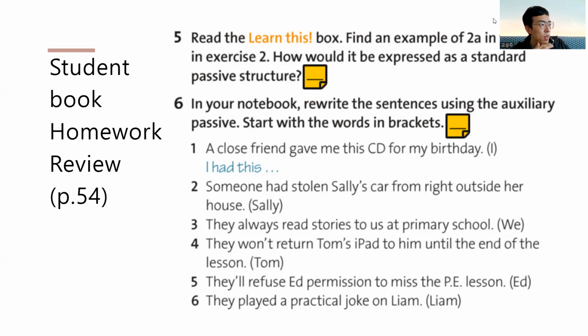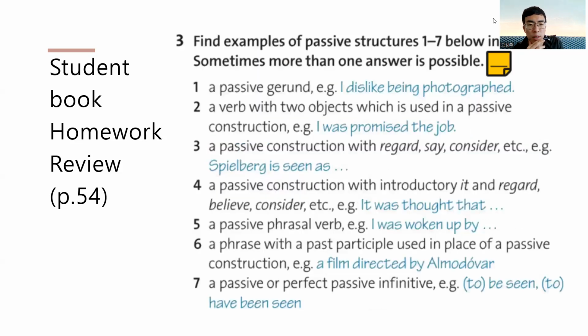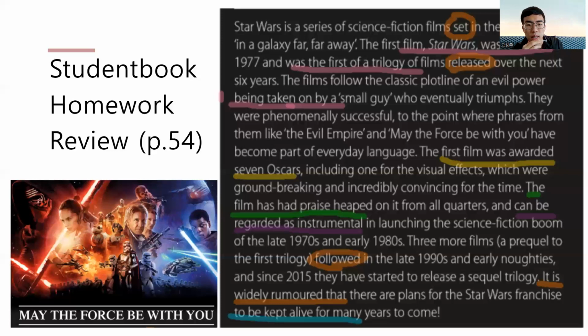Okay, let me go to the green line, right? The green line in the middle. The film had praise heaped on it from all quarters. Okay, so this is a past voice.